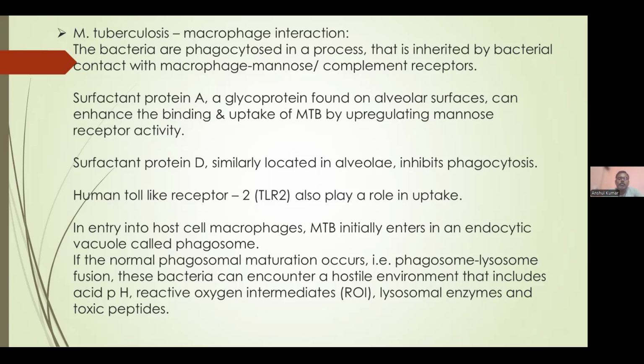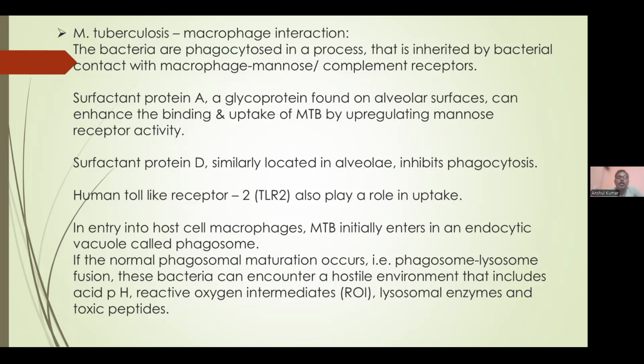If proper phagolysosomal fusion takes place, the aim of any phagocyte or macrophage is to engulf the pathogens, and with the help of lysosomal enzymes, break down these bacterial antigens into smaller products, and then exocytose them.